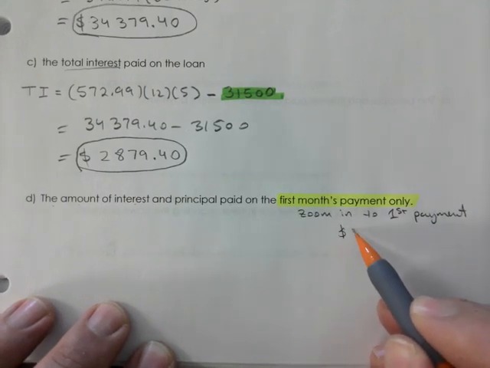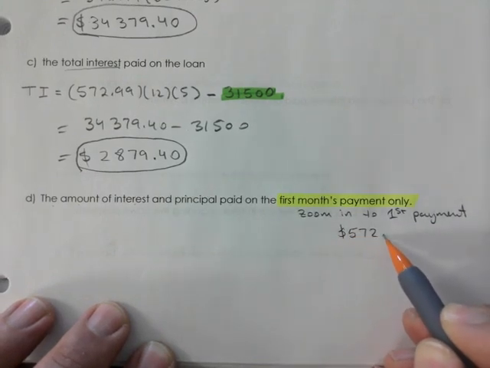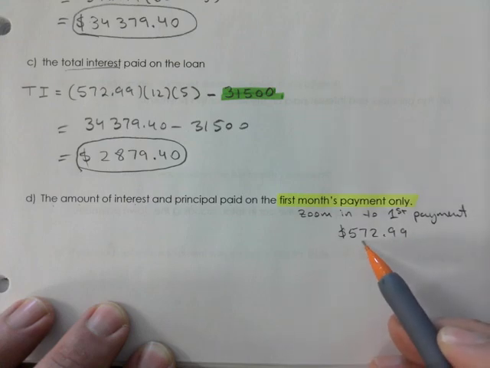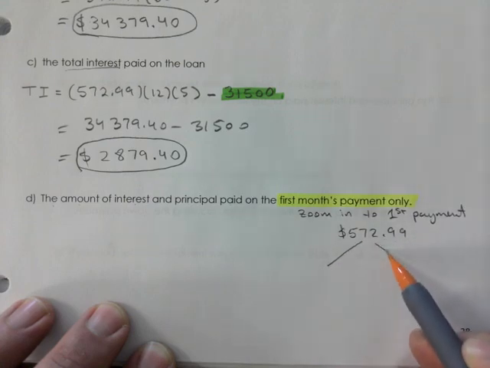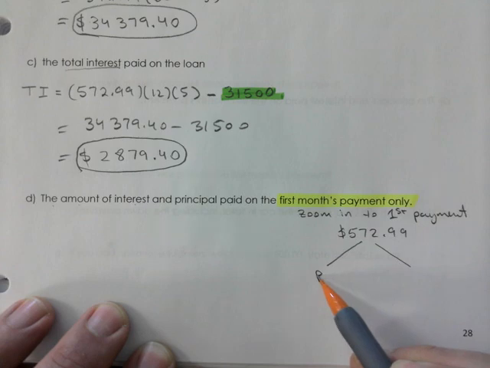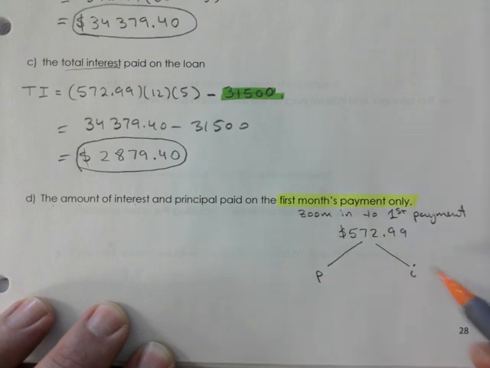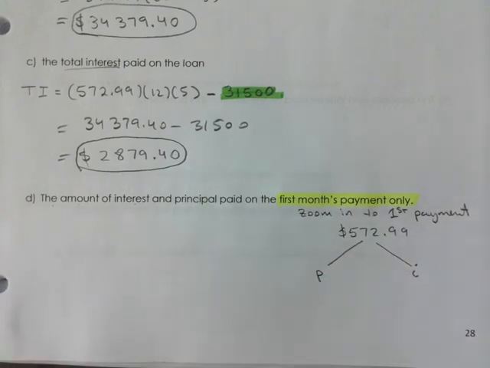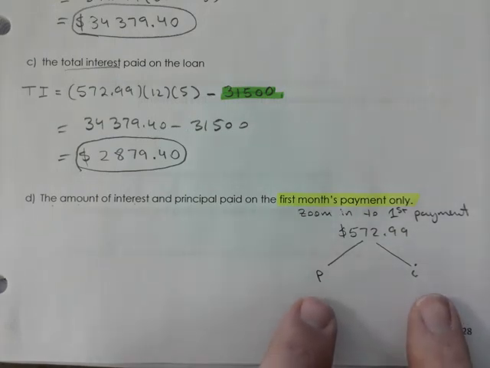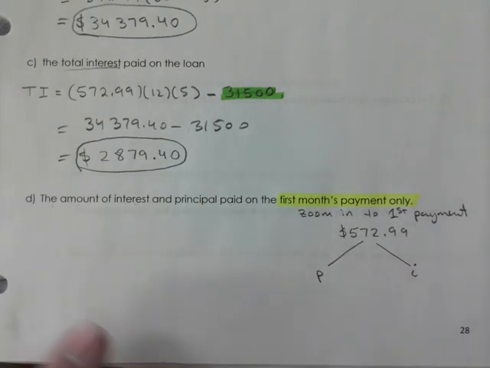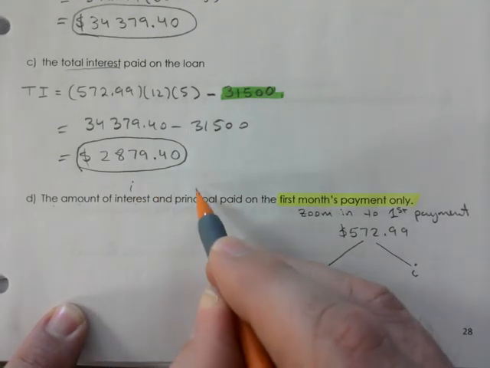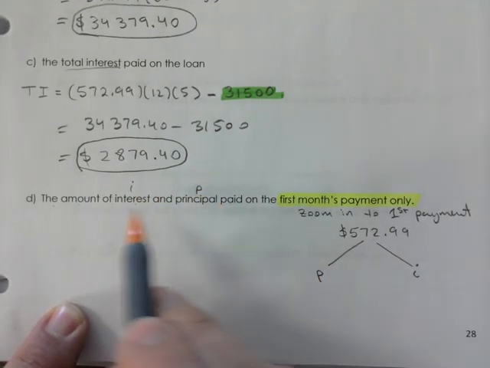And so we know the first payment is, right, but you're going to break it down into lowercase p and lowercase i. Order doesn't matter, but they want both of these, lowercase i, lowercase p, okay?